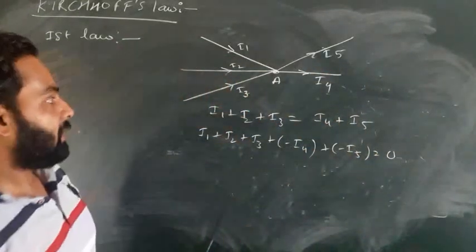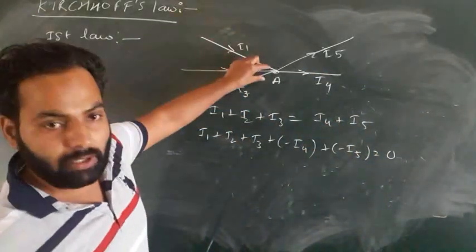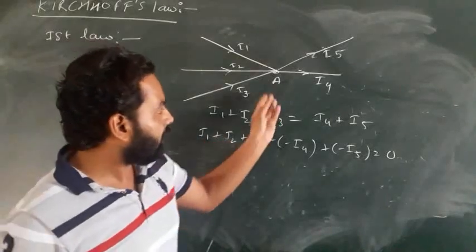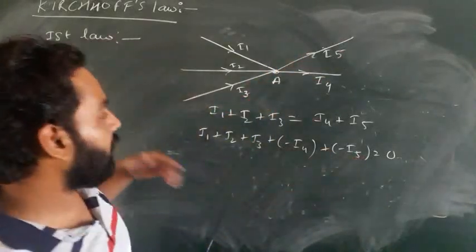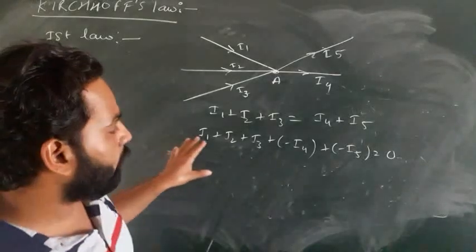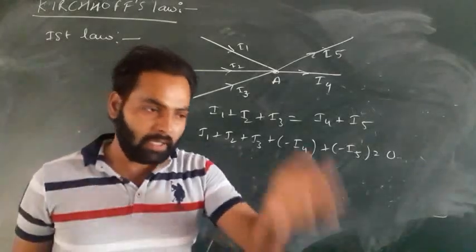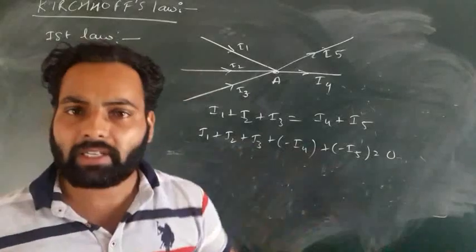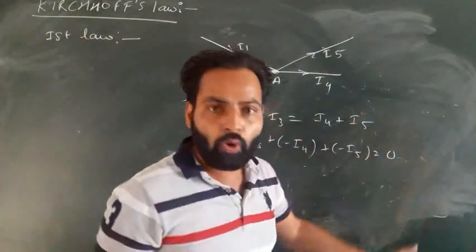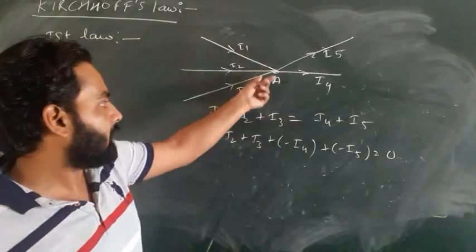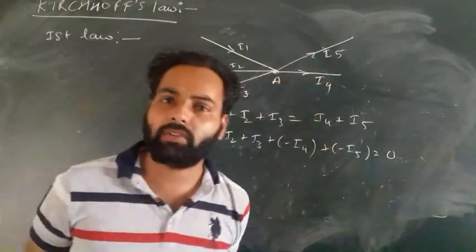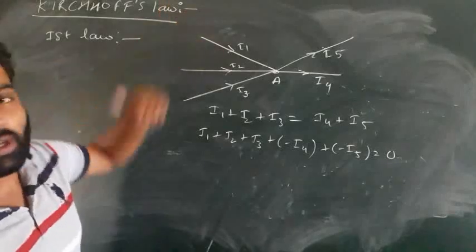The current reaching a junction is taken as positive and the current leaving a junction is taken as negative. So you will write it in two forms: the algebraic sum of all the current entering or leaving the junction is equal to 0, or current entering a junction point is equal to current leaving the junction point. So this is your Kirchhoff's first law.